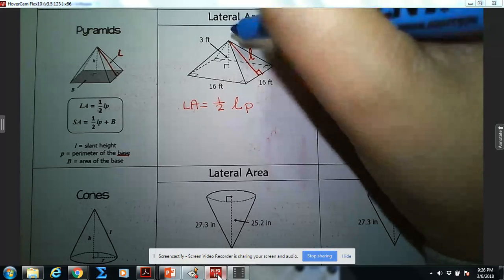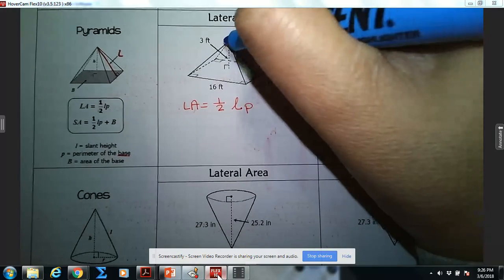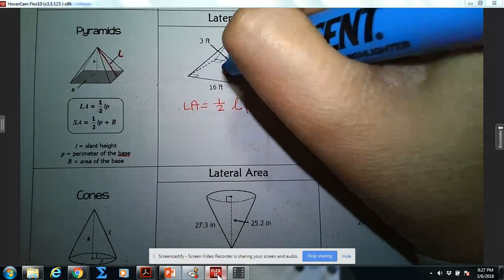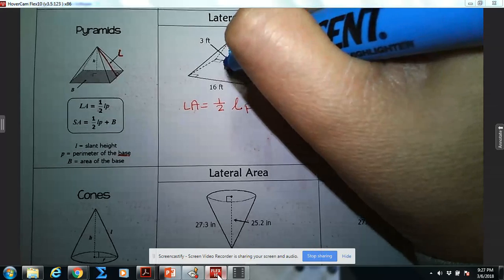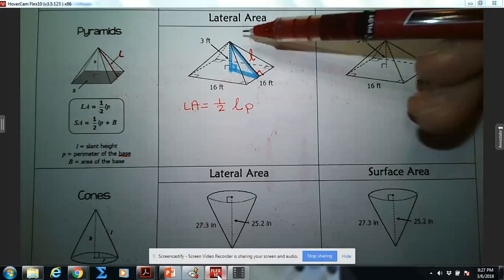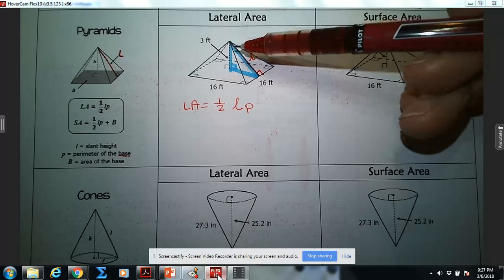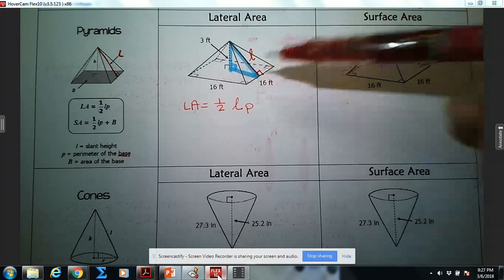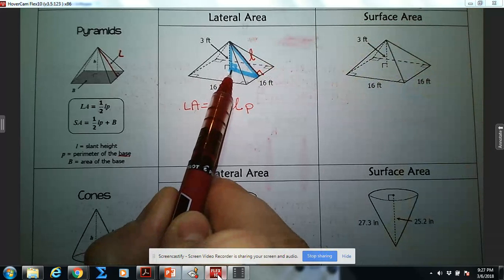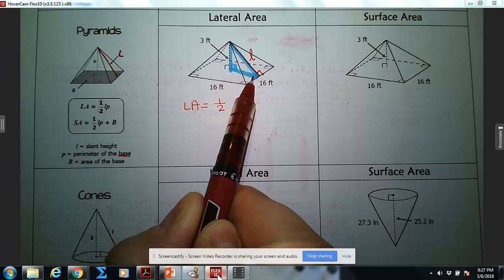I am making a right triangle inside of this pyramid. This right triangle goes down the true height, and its hypotenuse is the slanted height. Another leg is from the very center of the pyramid out to the edge.